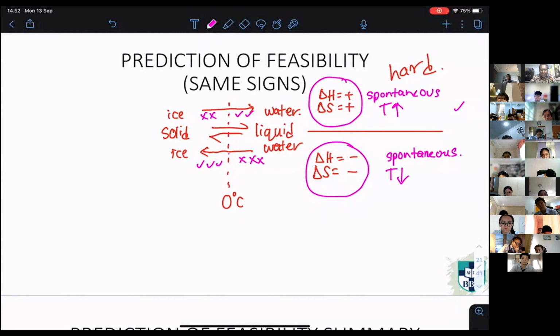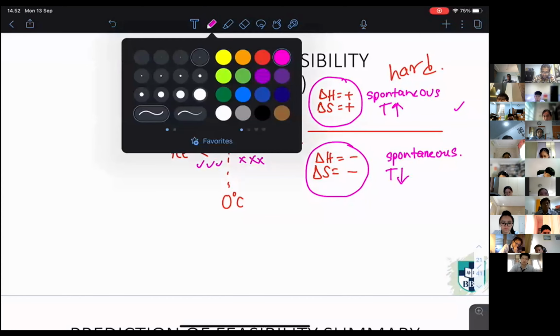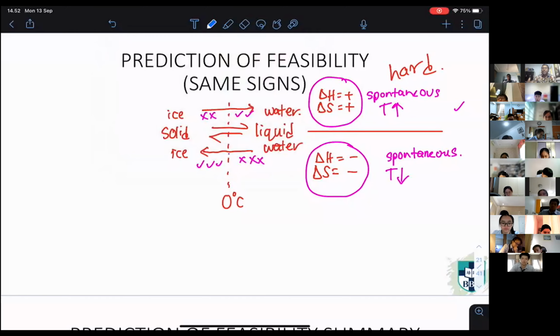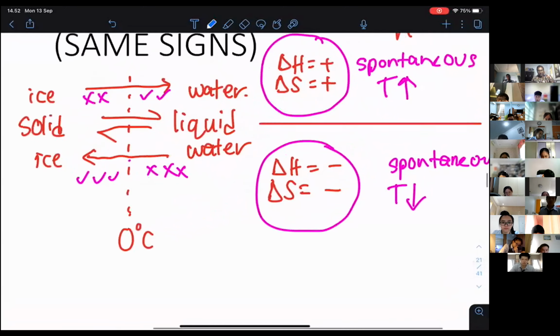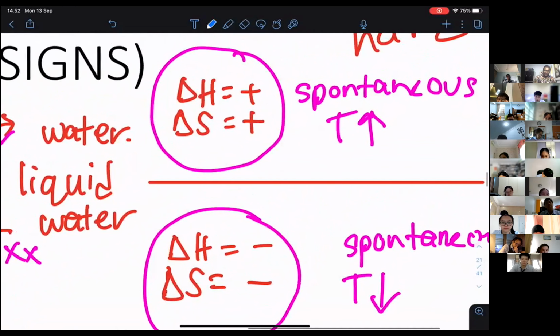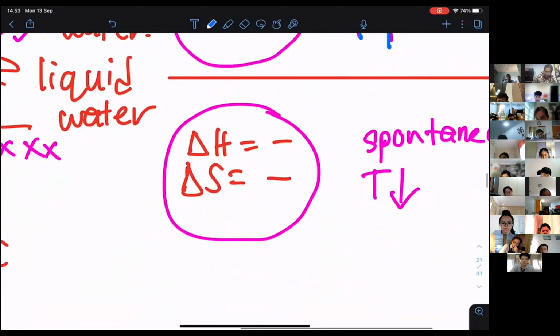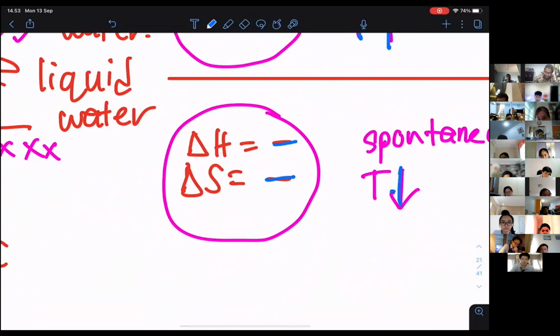Now, if I want to simplify and memorize straight away, what is the easier way to memorize? If you have both of them the same sign, positive, positive, think positive. Negative, negative, think negative.